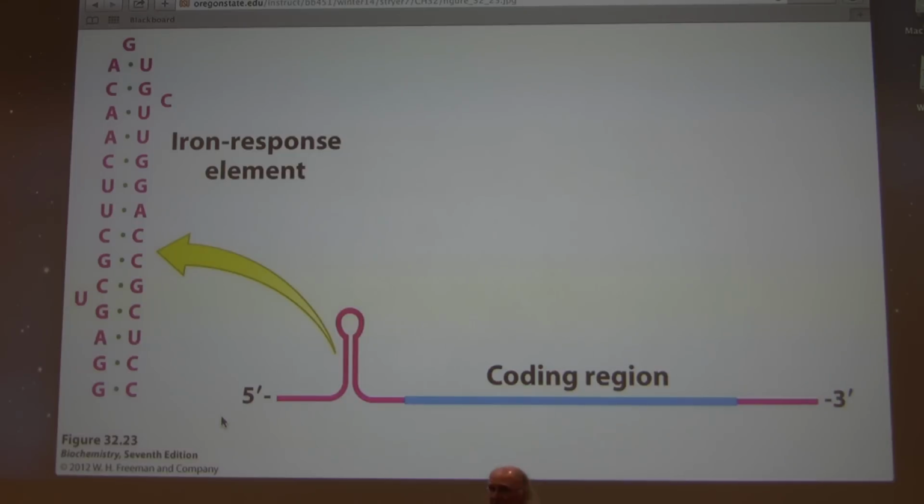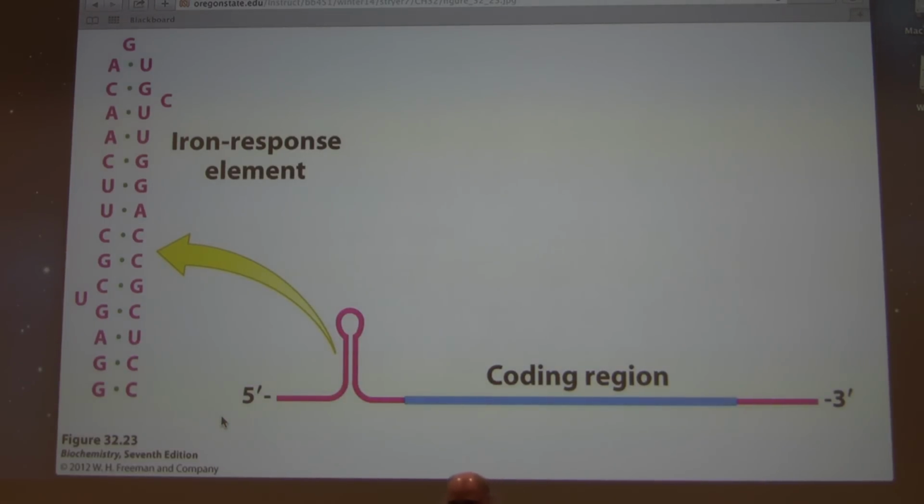Translation will occur because iron is abundant, and the cell wants to make ferritin to bind the iron. Does it make sense? Okay, so two scenarios: low iron versus high iron. They lead to either translation or no translation of the ferritin protein.